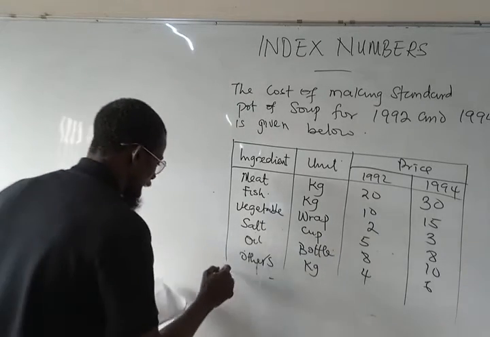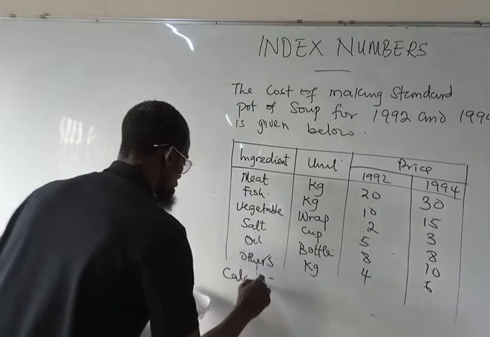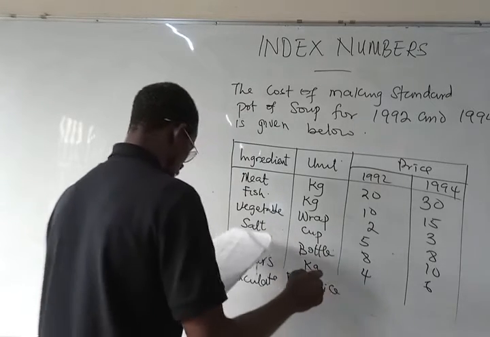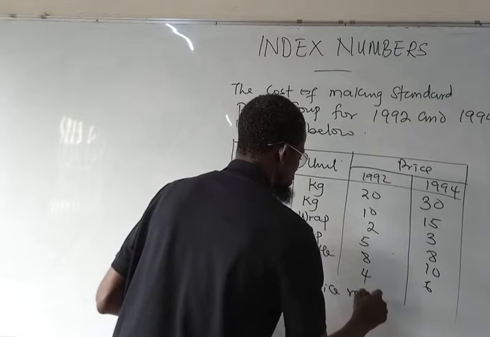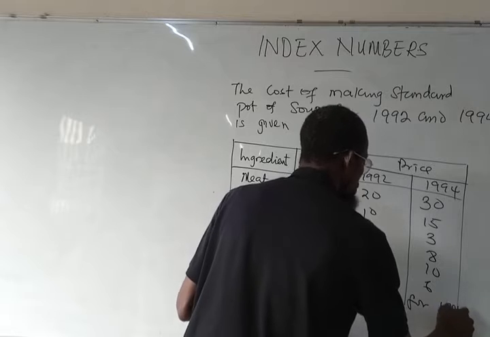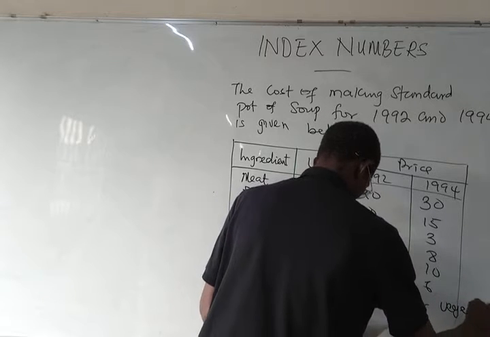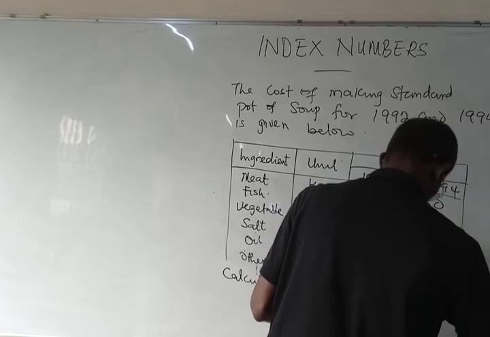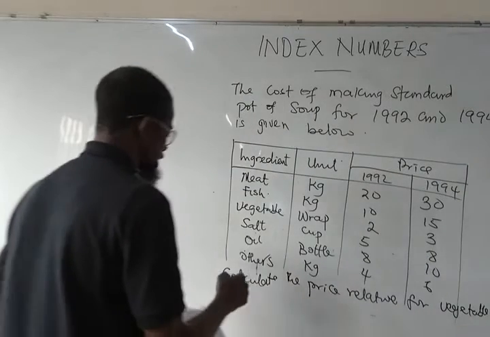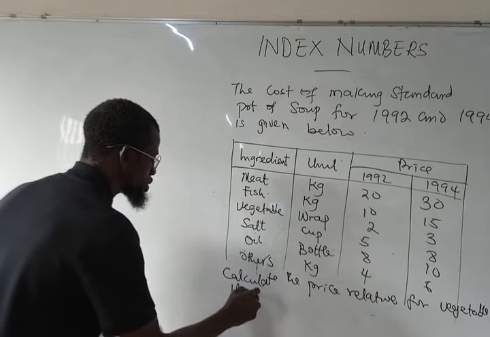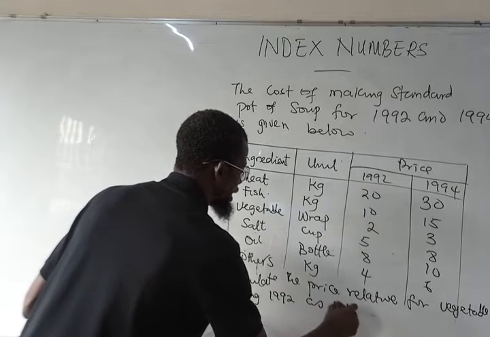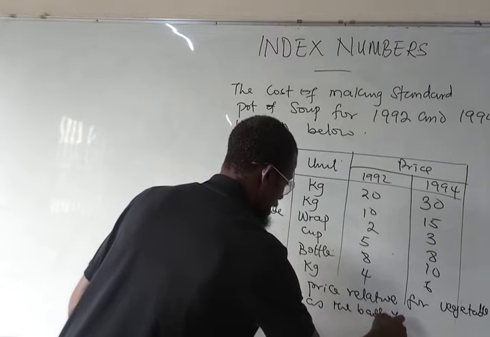The question: calculate the price relative for vegetable and salt using 1992 as the base year.